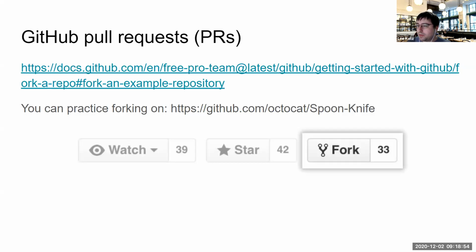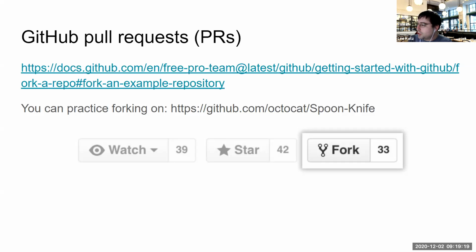We're gonna be doing a lot of stuff through Git, so a lot of stuff is gonna be Git pull requests. It turns out when I was researching for this slide that you can actually practice forking on the Octocat Spoon-Knife repo. So there are tens of thousands of forks on there because people are practicing it.